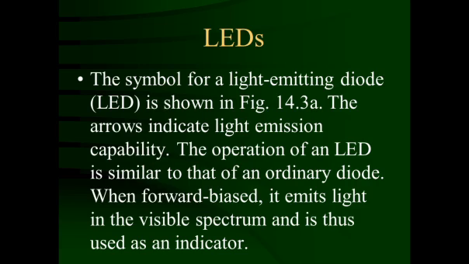But in specially designed diodes, when you connect them forward bias, light is emitted. You have seen that red, green, blue, violet, yellow, etc. LEDs are available, which are utilized as indicators.